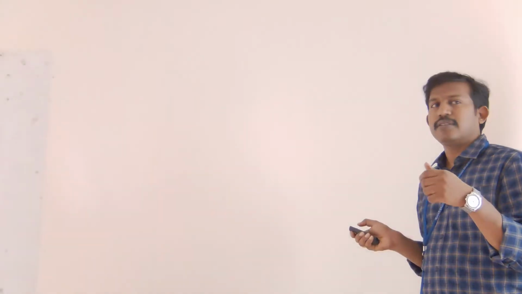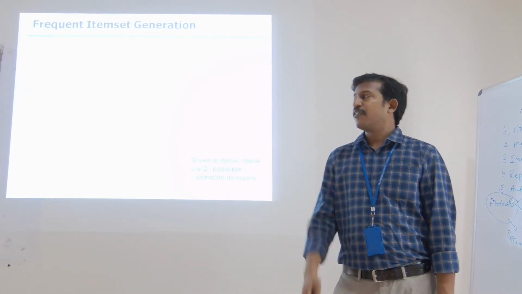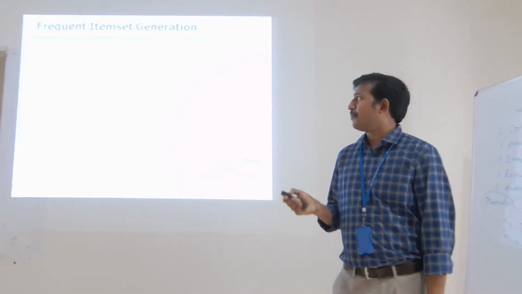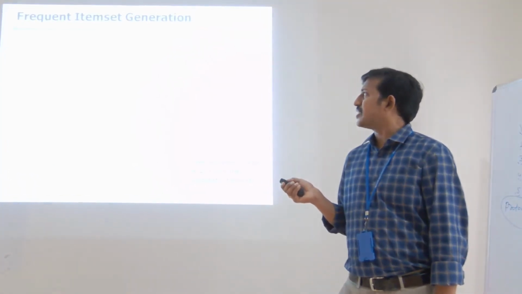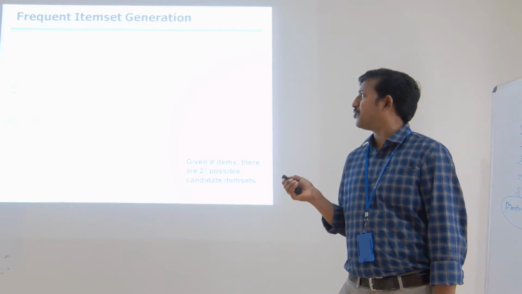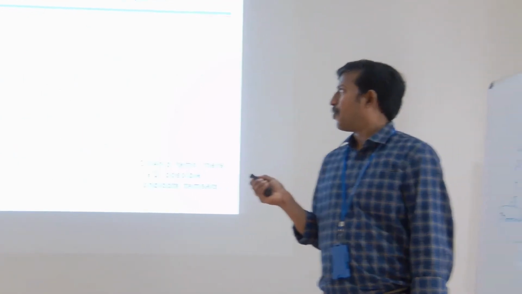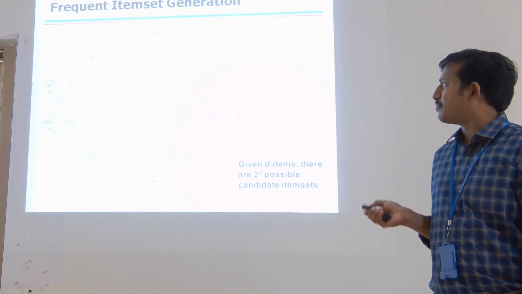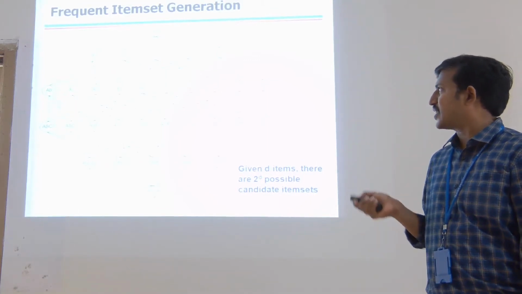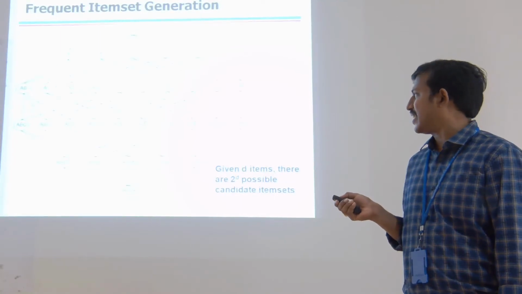Now we will see why frequent item set generation is a computationally expensive task. In this example, we have 5 items, and for these 5 items we got this many possible candidate item sets. This is a lattice structure that we construct for all the possible candidate item sets.